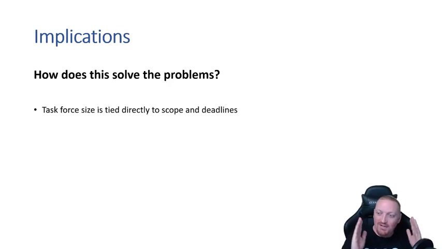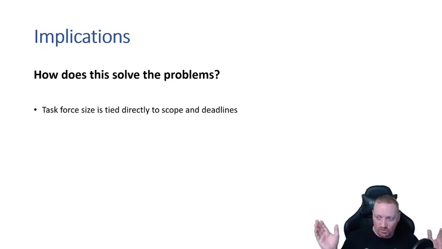But I also need to make sure that I am limiting the scope of the work as best as I can, so that it doesn't become a project-wide type of thing. I'm not opening up the doors to, we have this big, giant new product that we're going to have 100 individuals working on. That is not a properly scoped, sized task force. You can't call 100 people a task force.